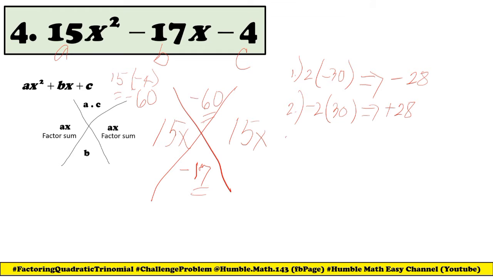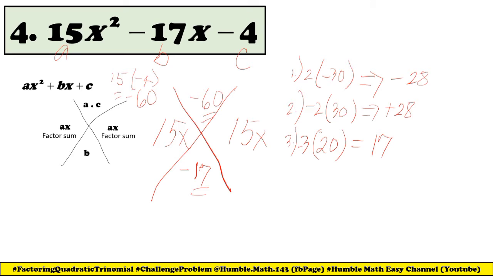So let's try another one. We're going to exhaust everything whose product is negative 60. Let's say negative 3 times 20. So we have positive 17.